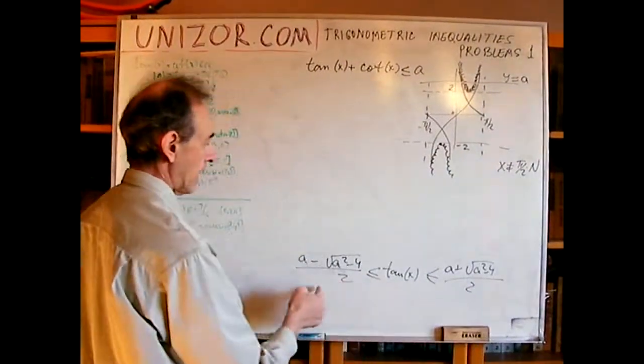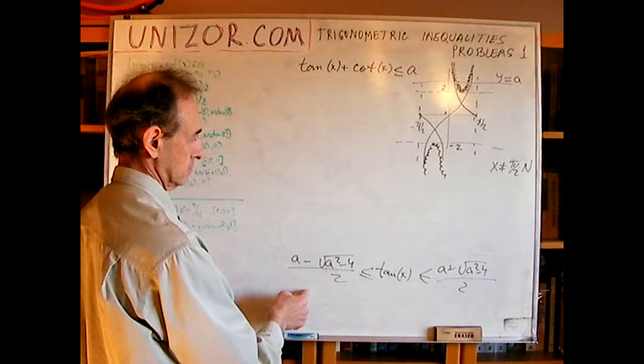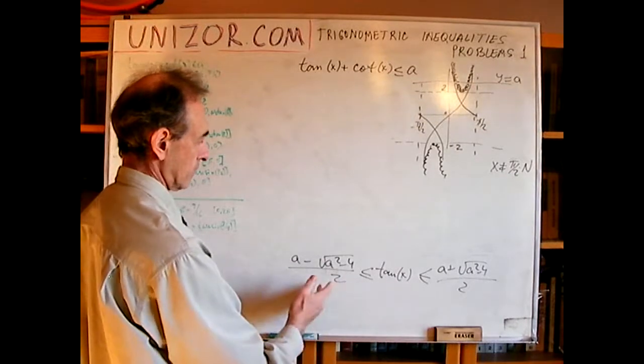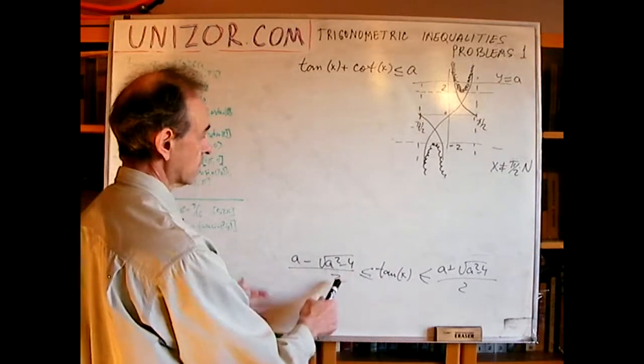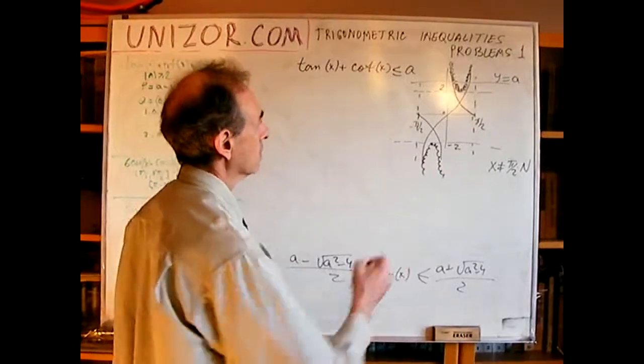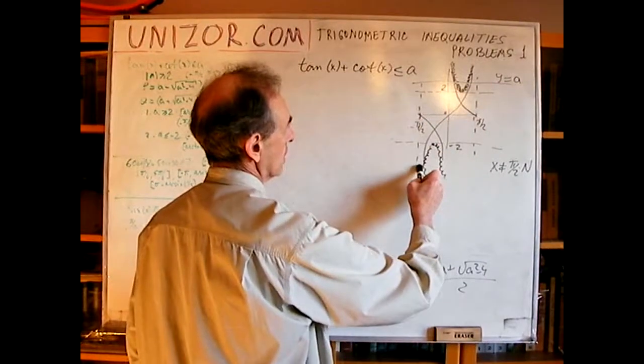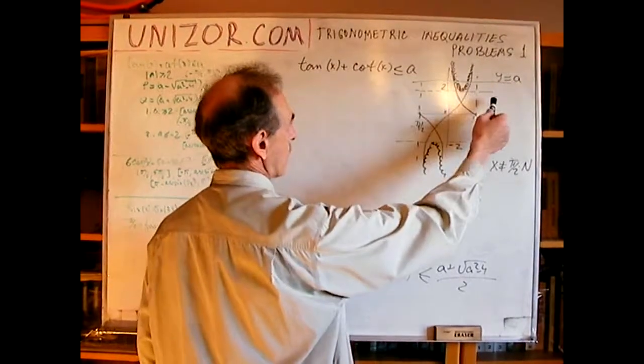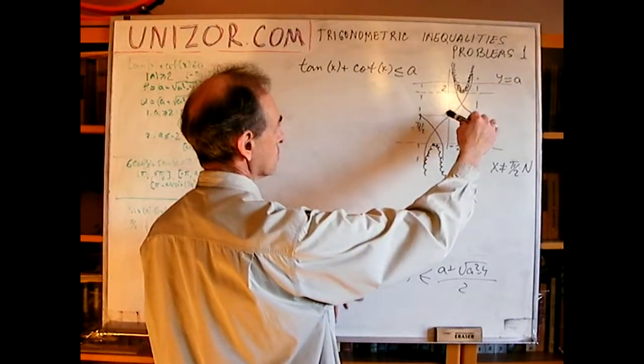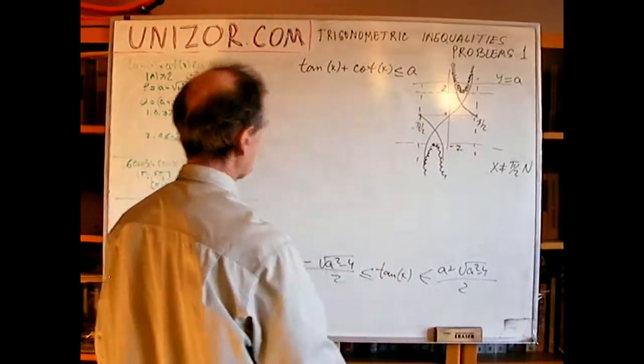Well, if I would like to solve this one, the left part, so tangent is greater than some value. Now, the tangent is this, so if some value is wherever it is, so it should be greater than arctangent, right?